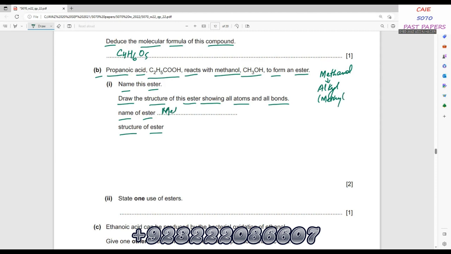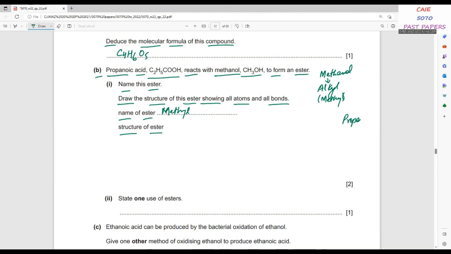The alkanoate will be coming from the carboxylic acid, which is propanoic acid here. Propanoic acid gives propanoate. So methyl propanoate.